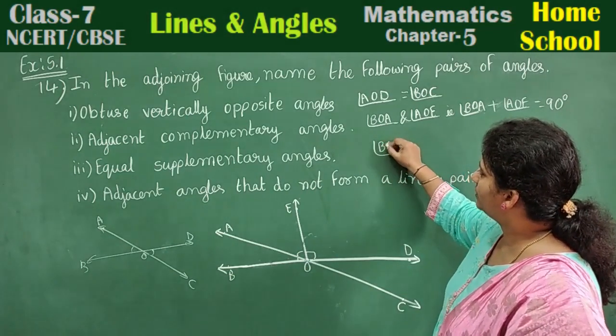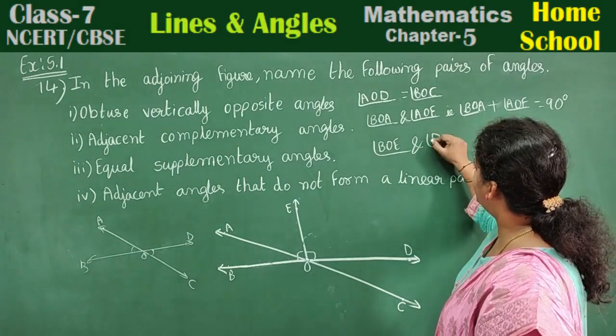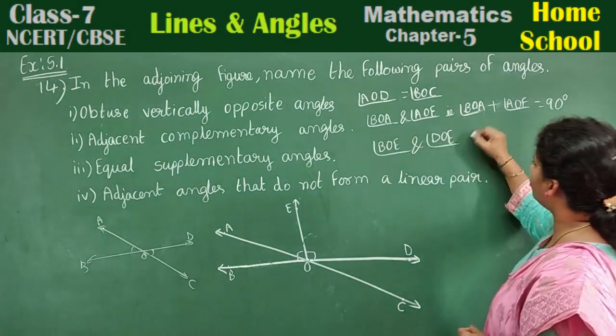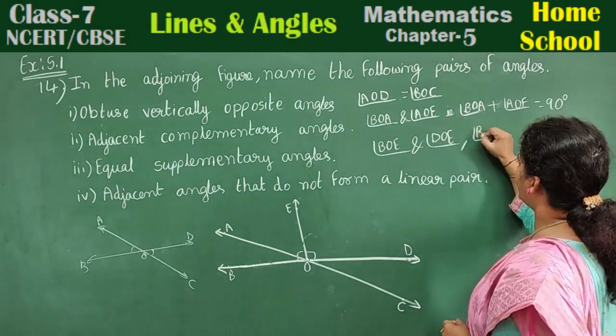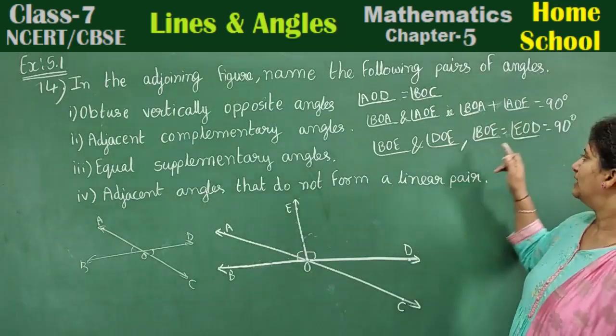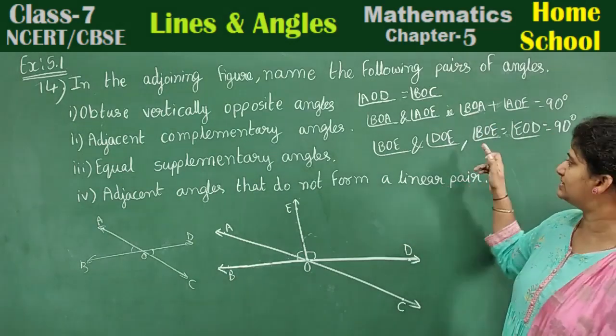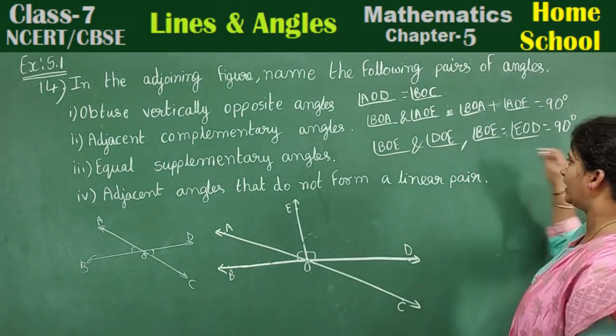Angle BOE and angle DOE. Angle BOE is equal to angle EOD. The two angles are equal, means both have the same measure, that is, this is 90 and this is also 90.